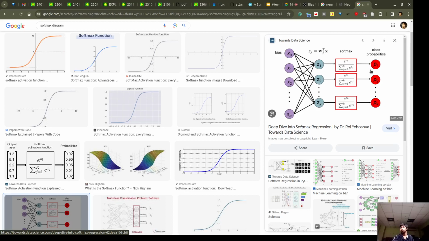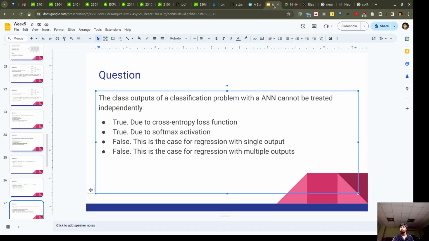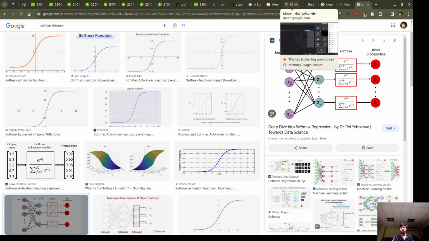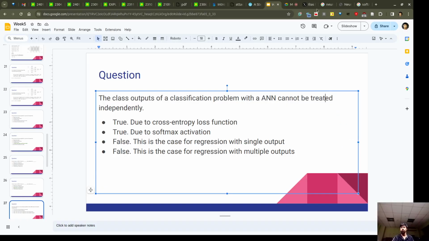So we cannot say P1 is independent of P2 or P3, because we are obtaining this from Z2. Sir, and during back propagation, if we adjust some weight, we do it layer by layer. So that is also the reason that these are not independent. Yeah. Thank you, sir.